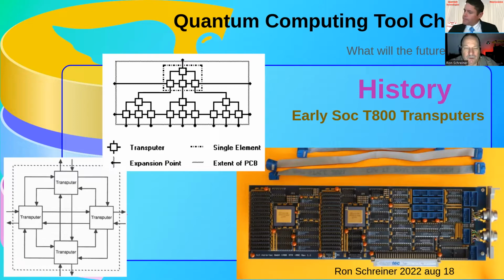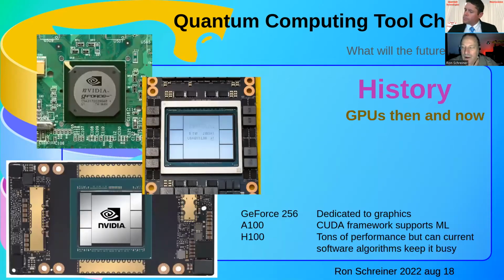And speaking of GPUs, this will be the last stop in our history visit. What's pictured in the upper left there is the NVIDIA GeForce 256. It was the first GPU that they released. It was pretty amazing in its time, but it was dedicated to graphics processing, and the chips were only found on graphics cards.